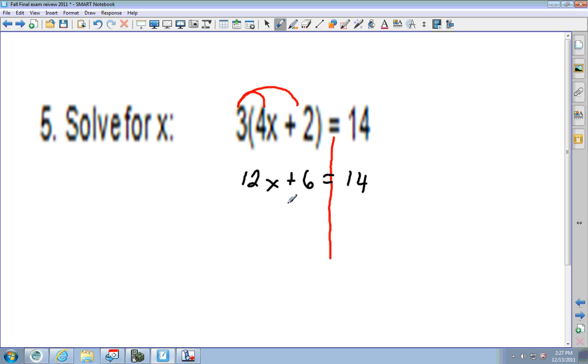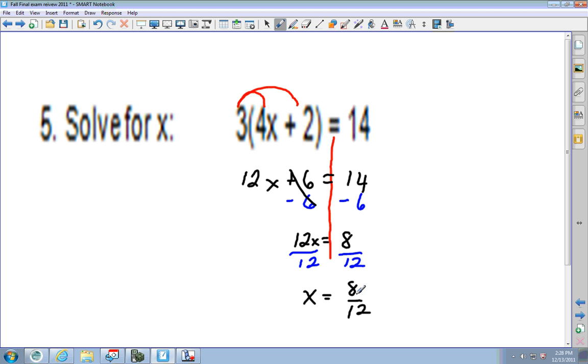Now from here, we're going to subtract 6 from each side. I've got 12x equals 14 minus 6 is 8. Now when I divide by 12, x equals 8 over 12.